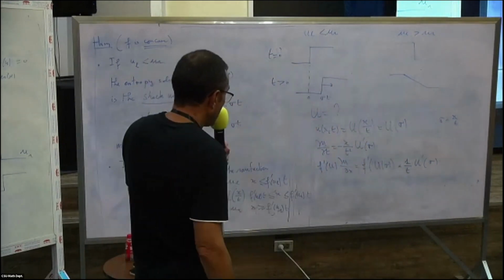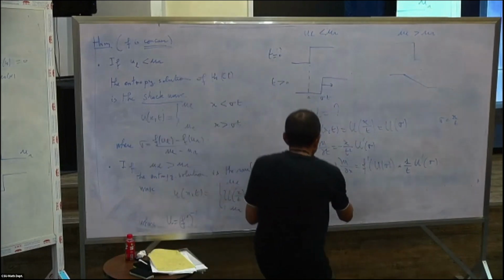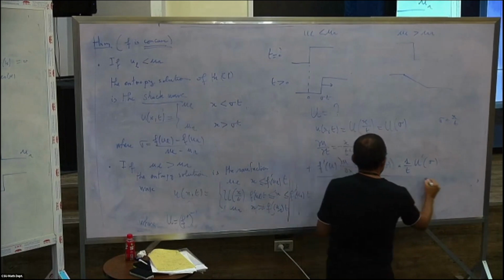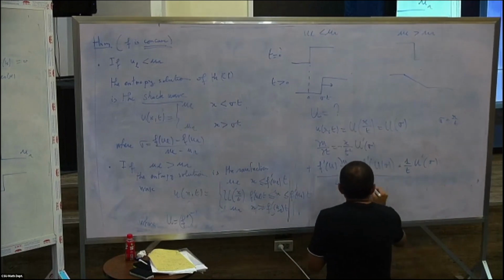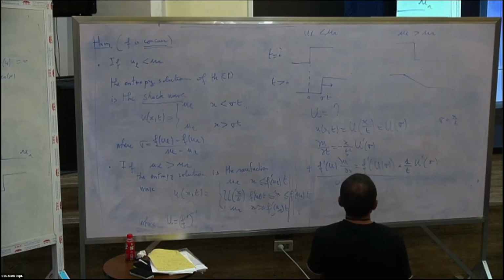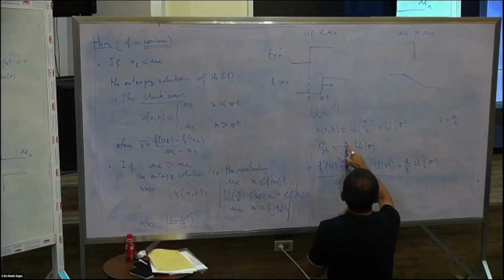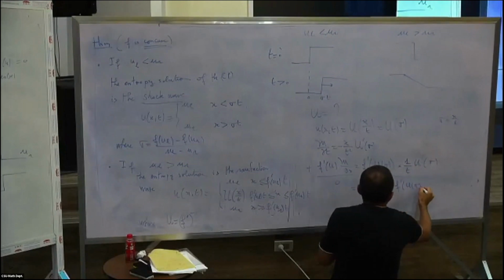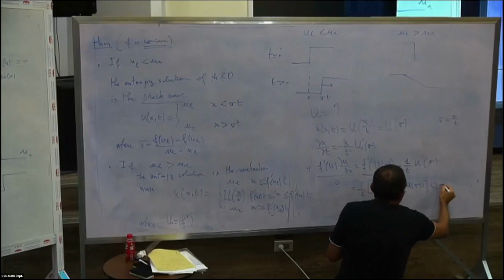So this must be 0. So here we obtain, we can put 1 over t in front of, so you have minus x over t, this is sigma, U prime here of sigma plus f prime of U of sigma by U prime of sigma, this is 0.